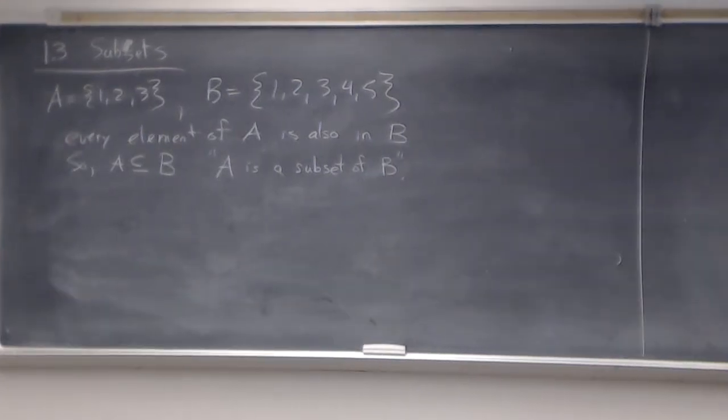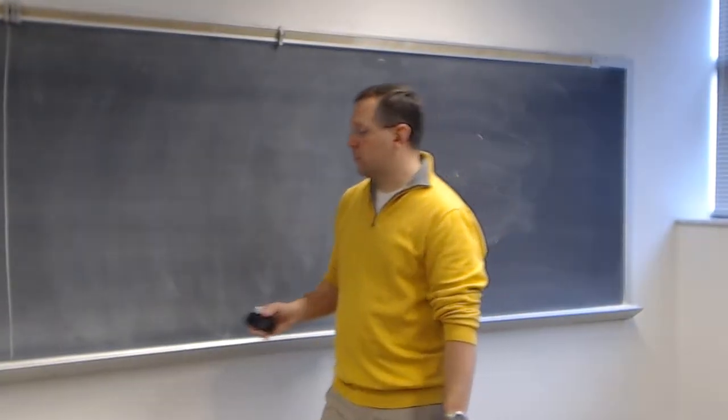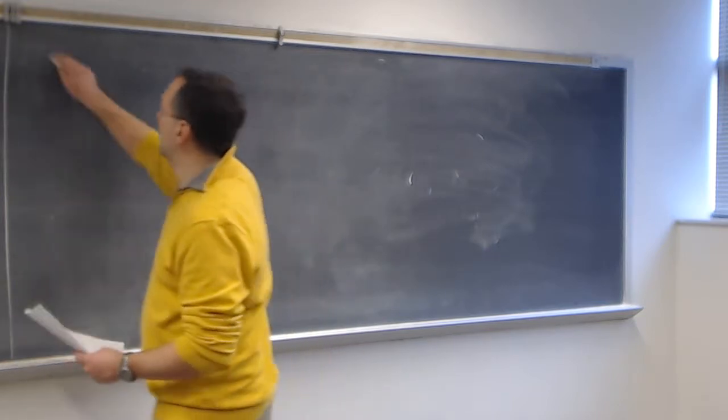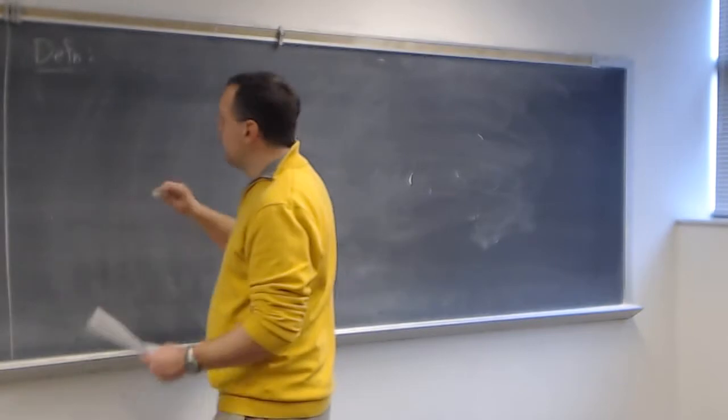More formally, we will have proofs where we have to prove that one set is a subset of another. So I want to be very precise in my definition of a subset.